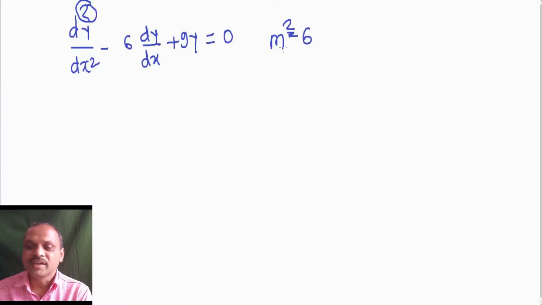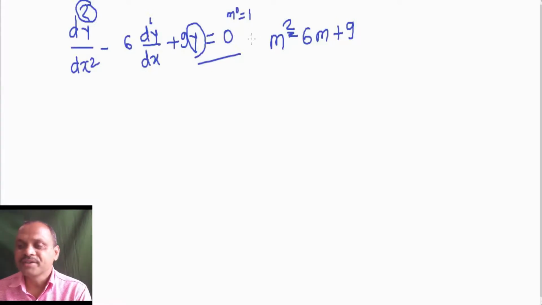Here degree is 1, so write down m raised to 1, m plus 9 as it is. For this y we have m raised to 0, and m raised to 0 is equal to 1. Okay, so the auxiliary equation is m² minus 6m plus 9 equals 0. This is my auxiliary equation.